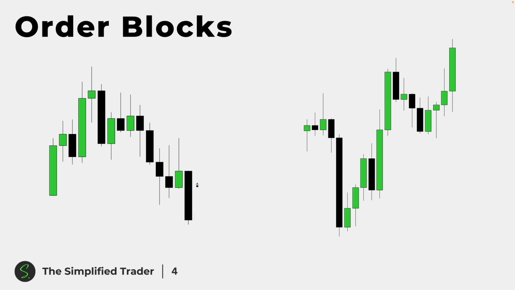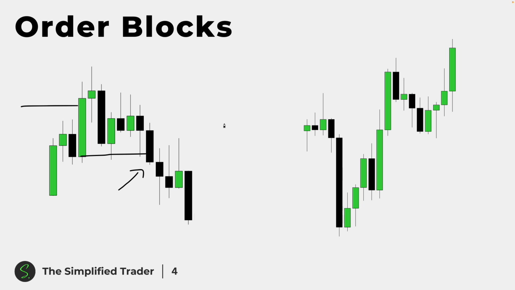Now, in this example, we can see that we have 1, 2 green bullish candles that takes out liquidity, and as soon as we close below the opening price of these up close candles, that is your change in the state of delivery. Now, I don't want you to get confused with change in the state of delivery and order blocks. It is exactly the same thing.